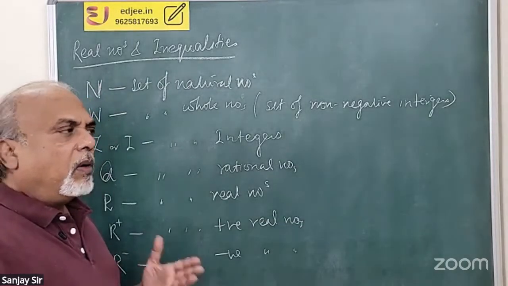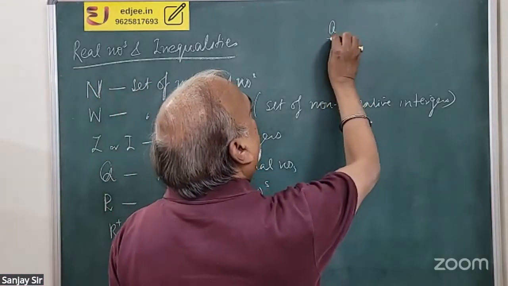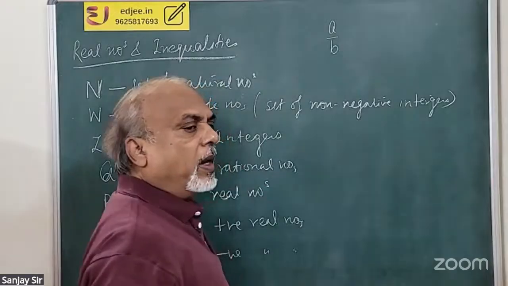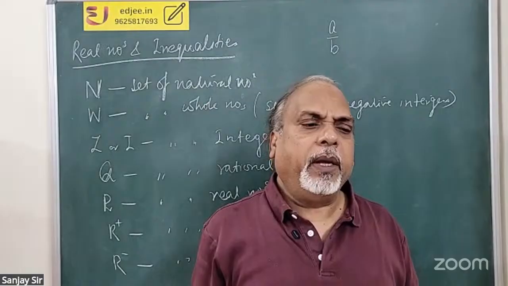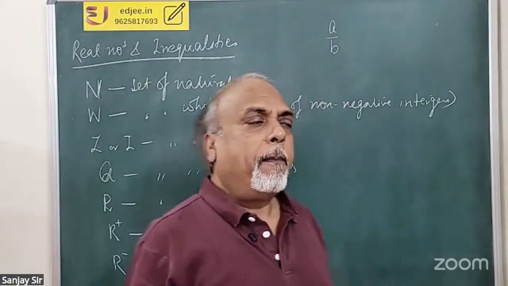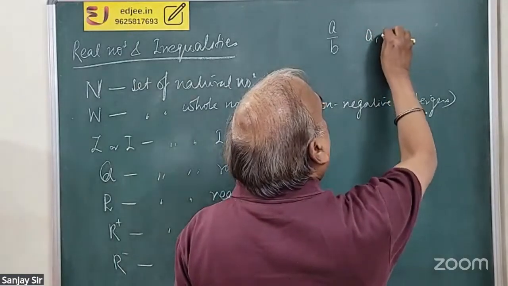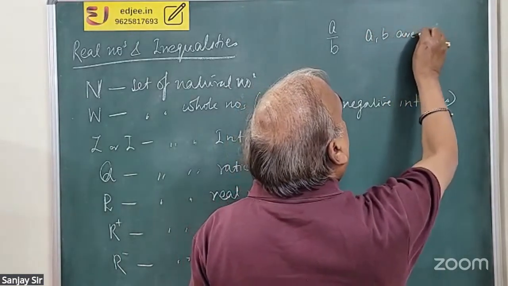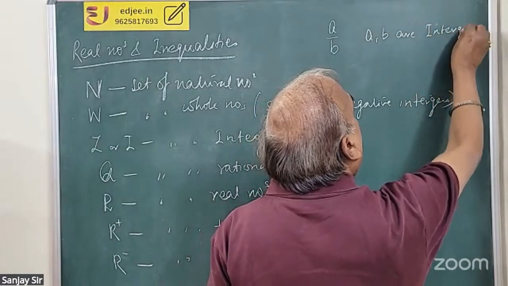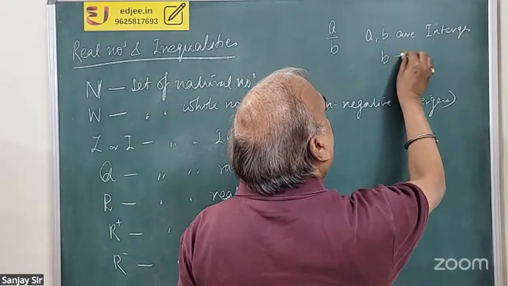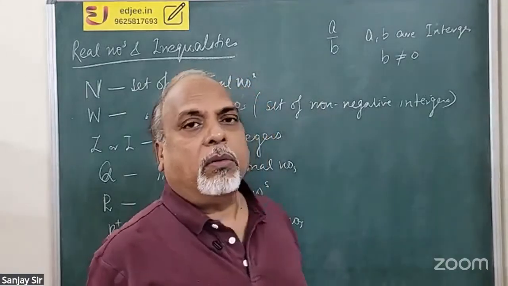Rational number. What is rational number? Rational number can be written in the form of A divided by B, where A and B are what? A and B are integers and B is not equal to 0.